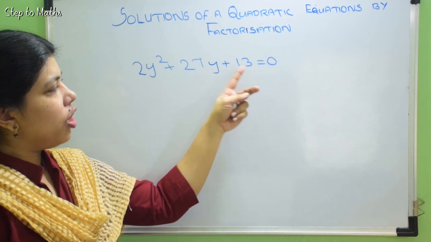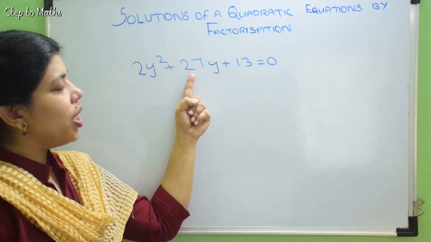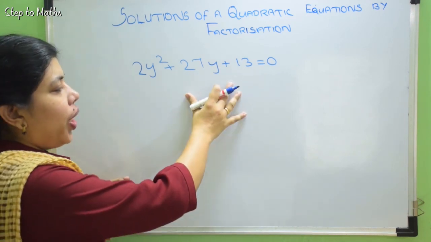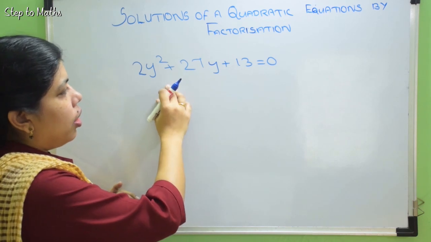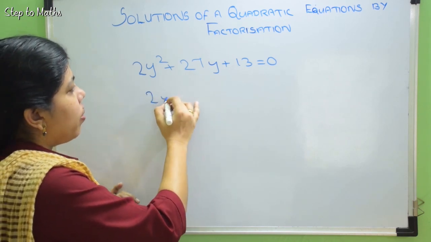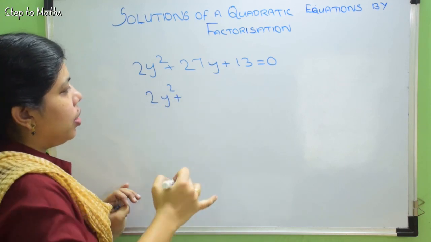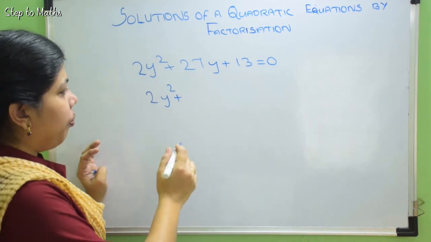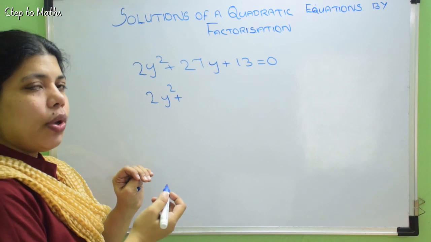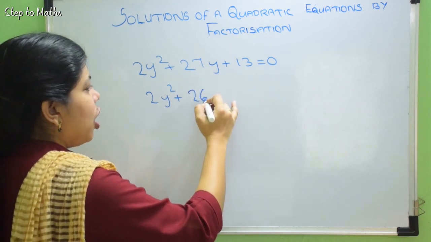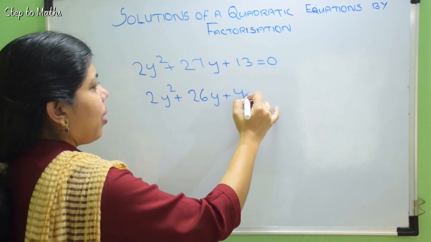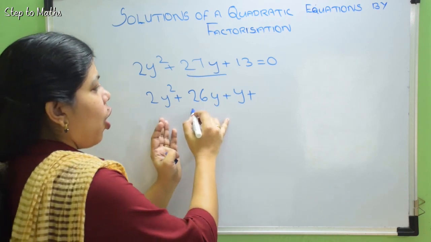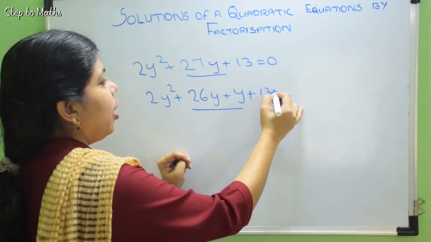Consider this quadratic equation: 2y square plus 27y plus 13 is equal to 0. How to factorize it? There is no common factor and we can't apply any identities directly. So split the term: 27y we can write as 26y plus y. So 2y square plus 26y plus y plus 13 equal to 0.